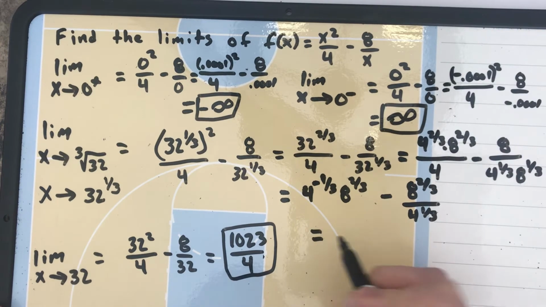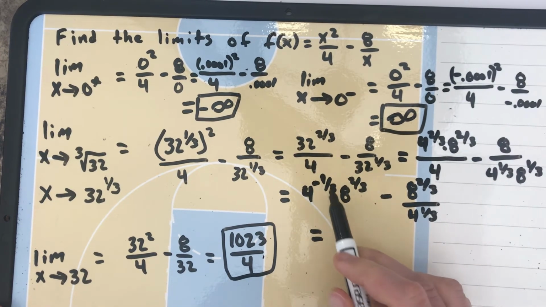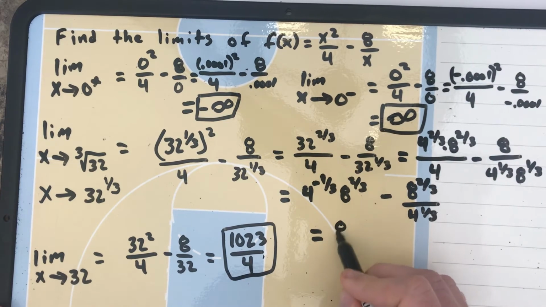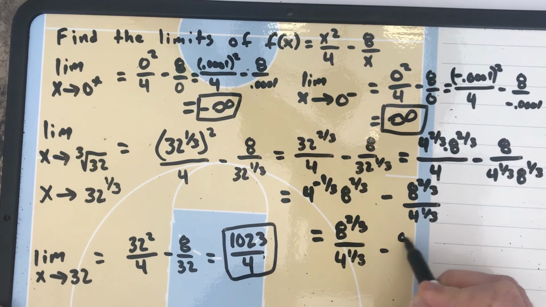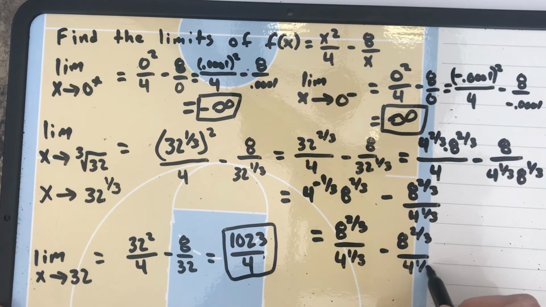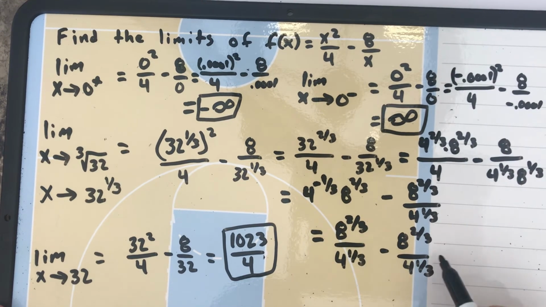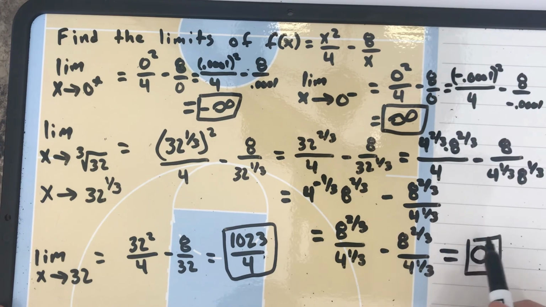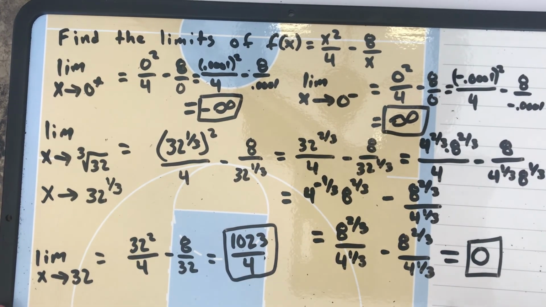If I rewrite this, the negative exponent is telling me I should put it on the bottom. That gives us 8 to the 2/3 over 4 to the 1/3 minus 8 to the 2/3 over 4 to the 1/3. When I subtract those, they're the exact same, so that's going to give us 0. So my limit as x approaches the cube root of 32 is 0.